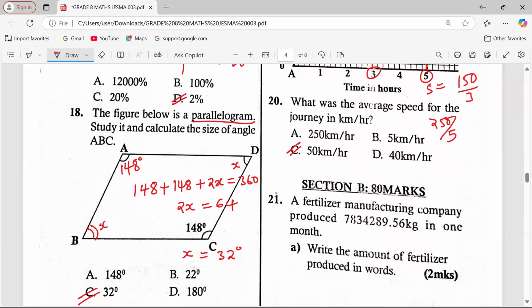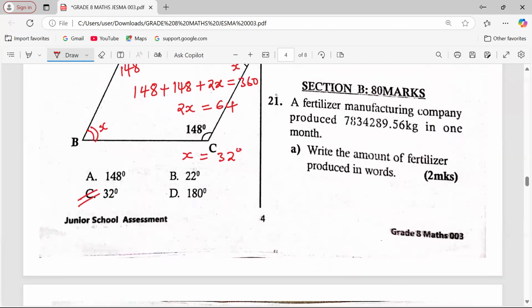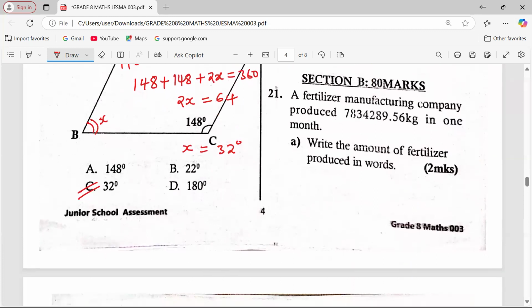Number 21. A fertilizer manufacturing company produced, let me read it very well, 7,834,289.56.